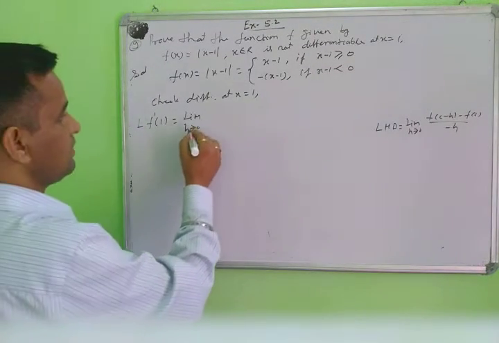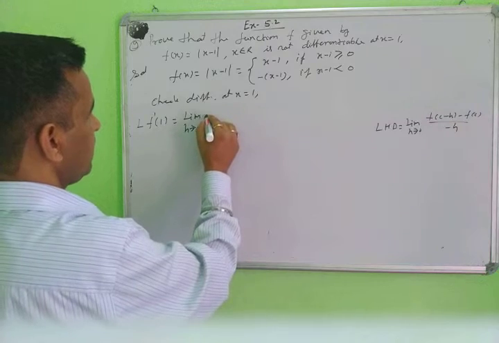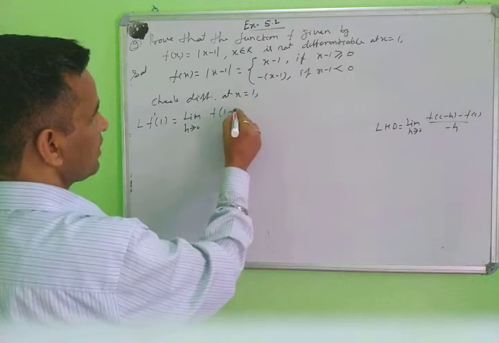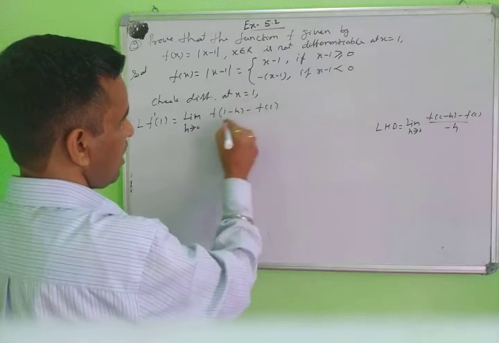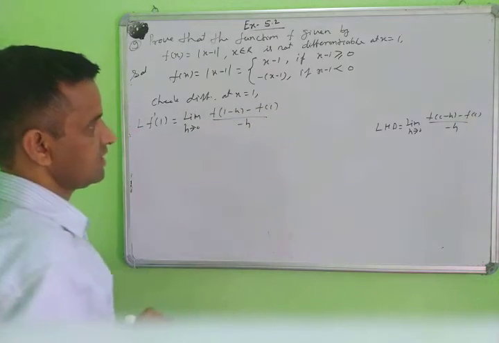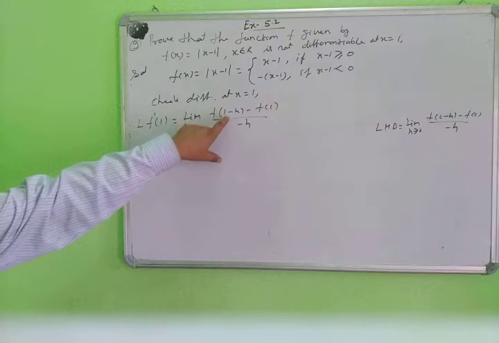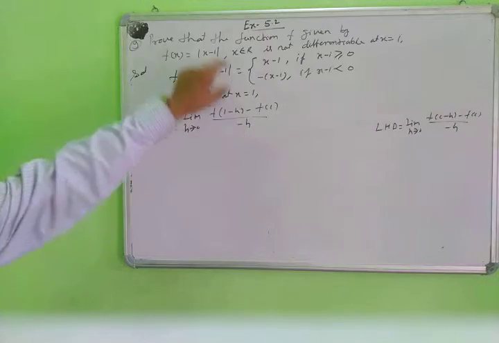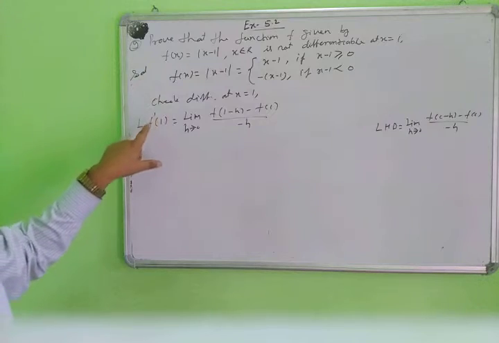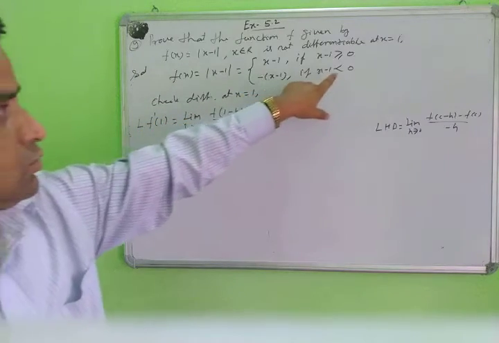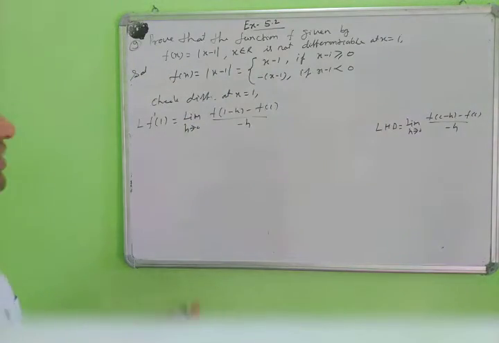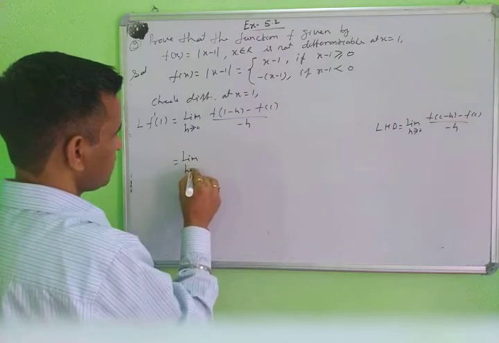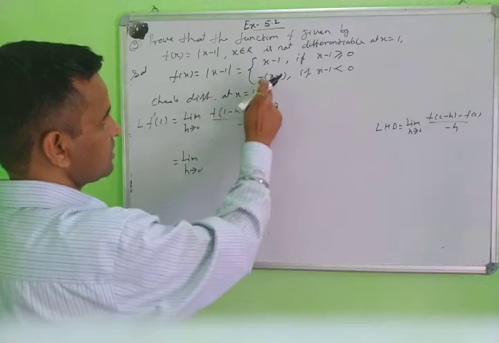That means the limit h tends to 0, f(c), placing 1 here, f(1 minus h) minus f(1) upon minus h. So, f(1 minus h) minus f(1) upon minus h. This is the left hand, so using the function for this. What function is it here? The limit h tends to 0. Suppose you are putting the value in this limit.